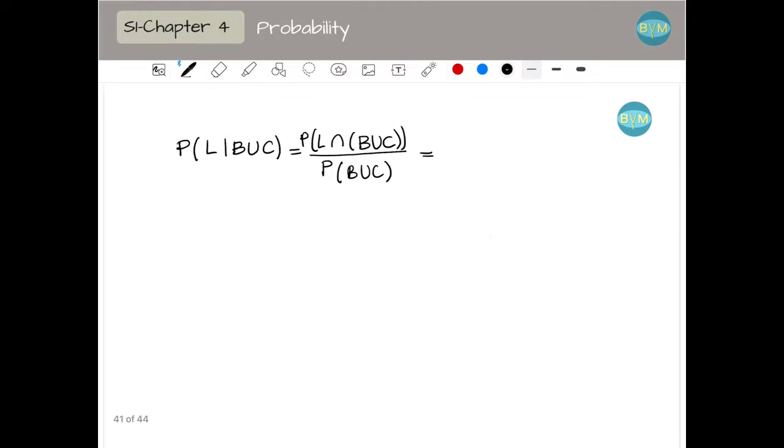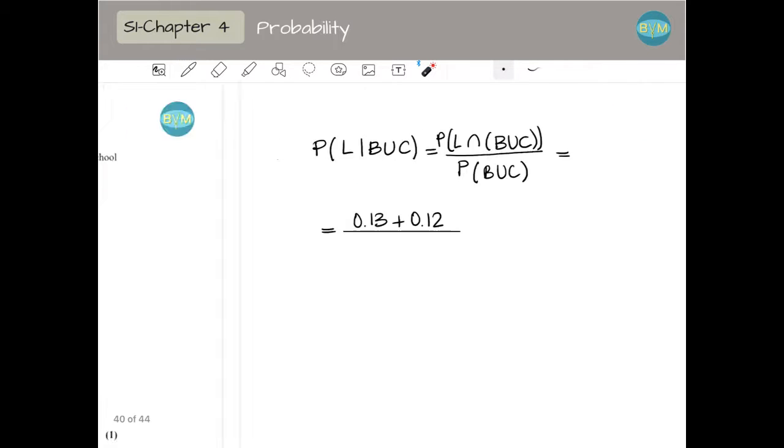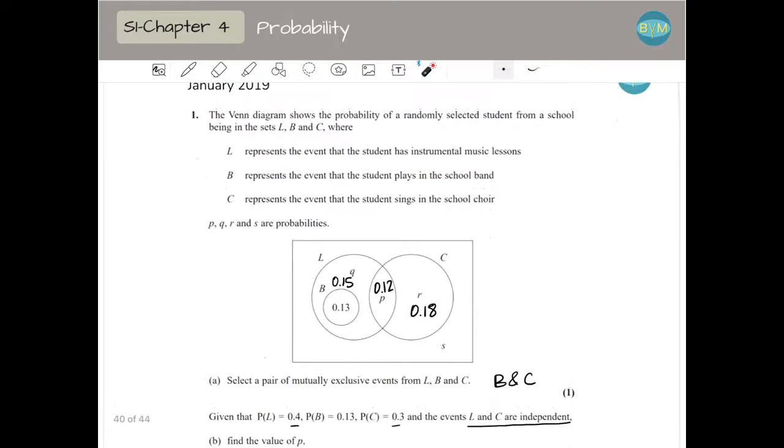So this intersection will be 0.13 and 0.12. Those have music lessons and they are in the band and in the choir. And then we need the probability that they are in the band or the choir. So in the band, I have 0.13 and the choir I have 0.3.